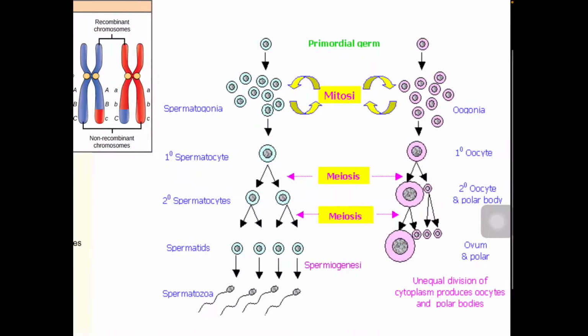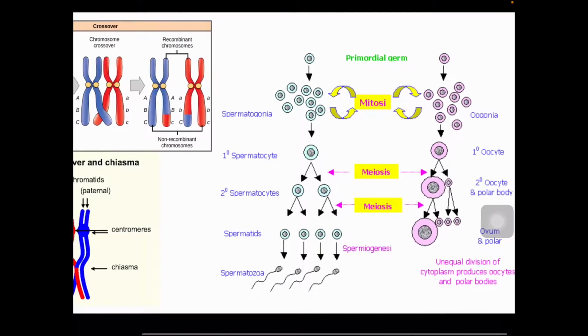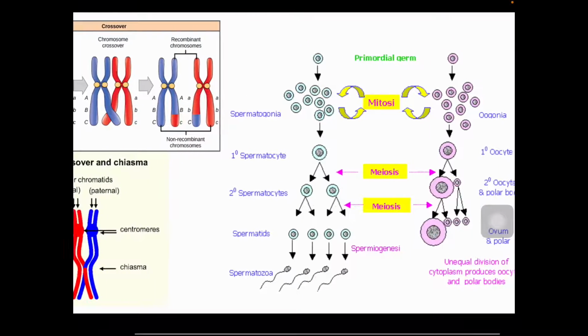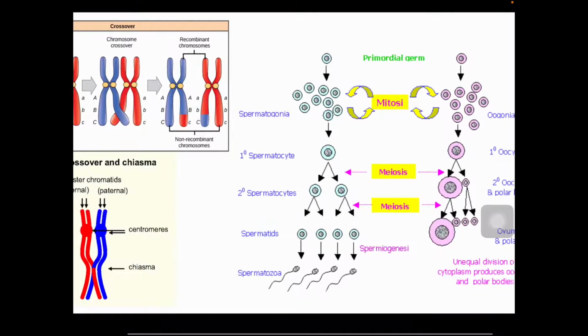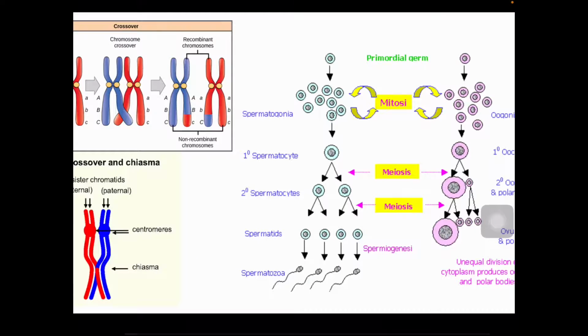Now let's move on to gametogenesis in humans. This takes place for males, on the left side of the diagram, in the tubules of the testes. The germinal epithelial cells divide by mitosis to produce diploid spermatogonia, which then grow and form the primary spermatocyte.